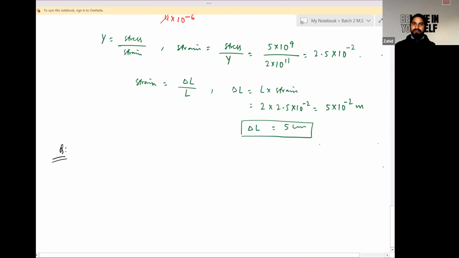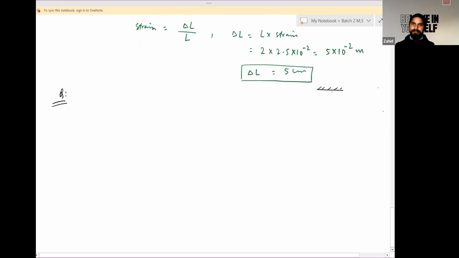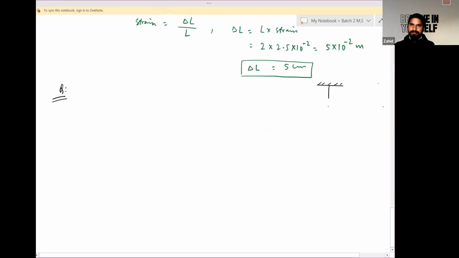Suppose you have a support like this. A wire is hanged, then a block, another identical wire, and then a block. This is of 2 kg and this is 3 kg.